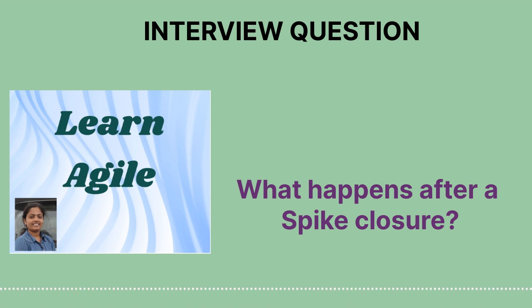So as we are aware now that we have the spike outcome, the product owner goes to the product backlog and adds the relevant user story that is going to implement the actual business problem. Whatever the business problem we have, we are going to implement the solution for that problem using this learning. So the story is going to be added by the product owner.